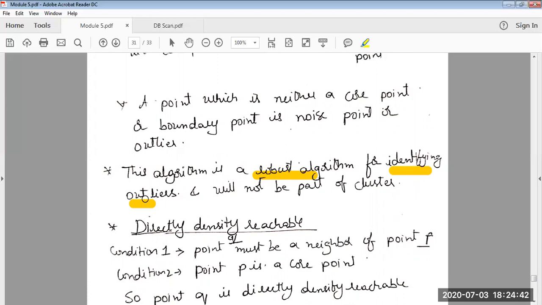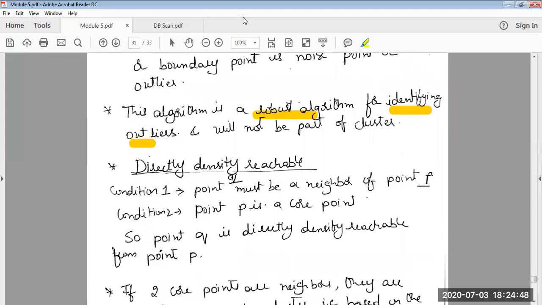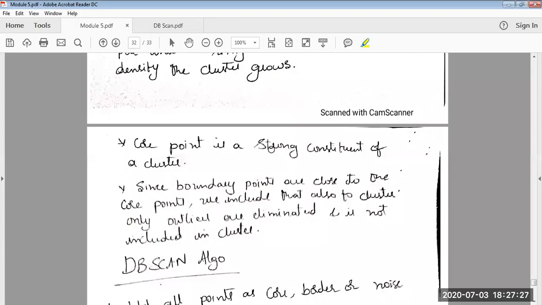In such a case, this algorithm will serve my purpose very effectively and efficiently. Now we saw three terminologies: core point, boundary point, and noise point. Apart from that, there are two more terminologies which are input to the algorithm, which are epsilon and the minimum number of points.